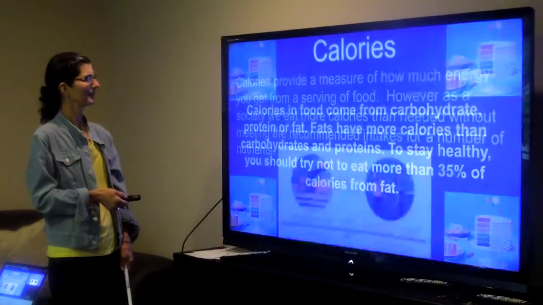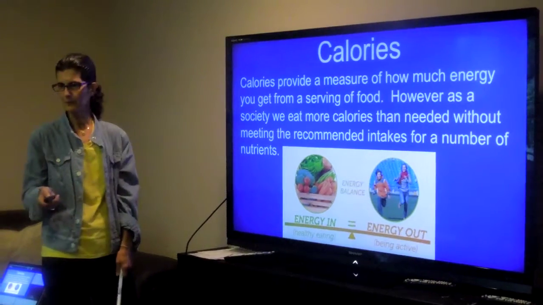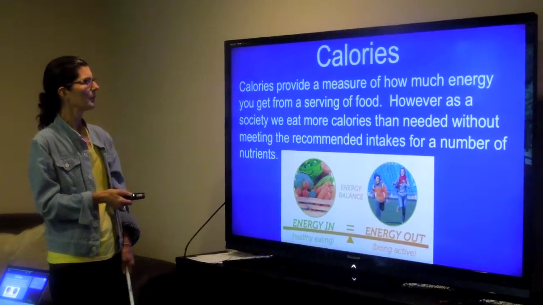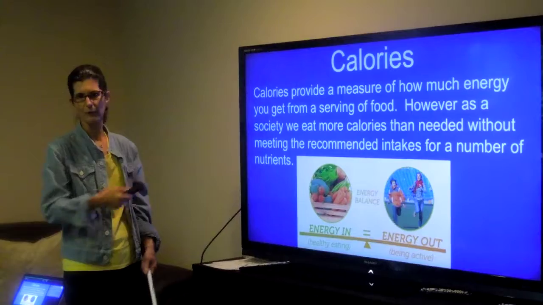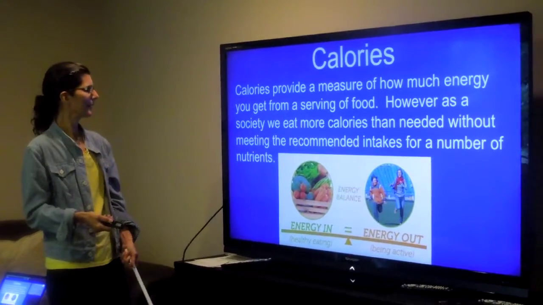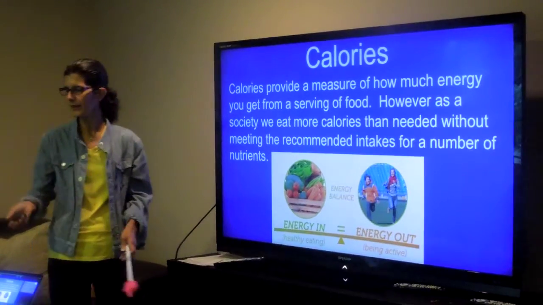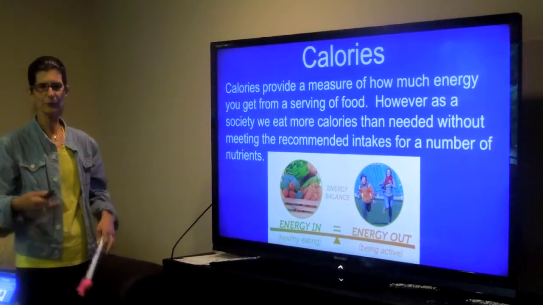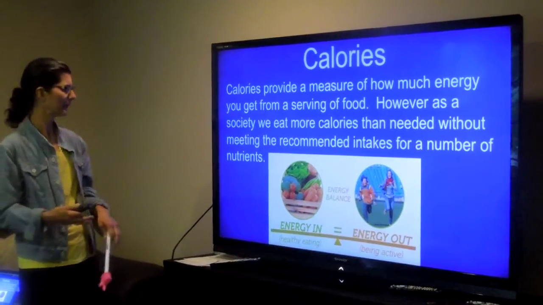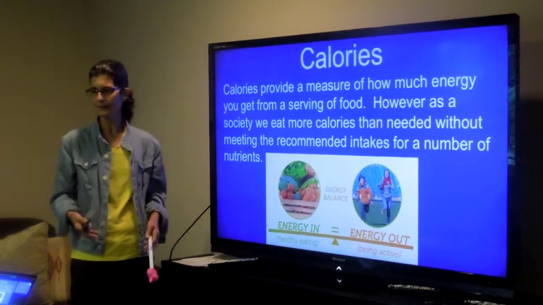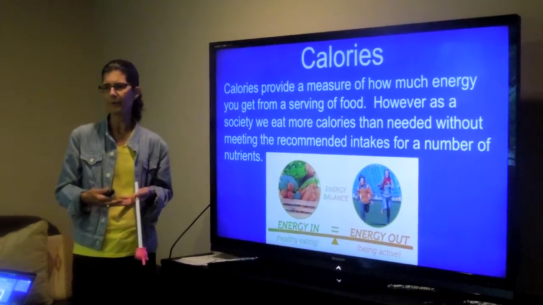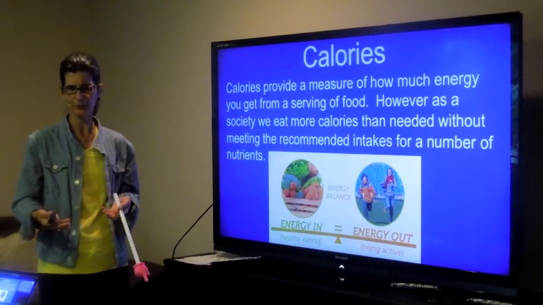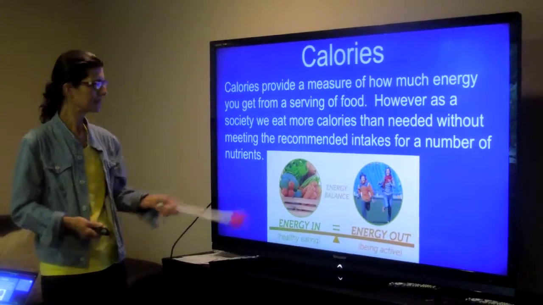Okay, let's continue. So calories provide energy, based on the servings of food that we eat. However, as a society, we eat too many calories. We consume too much food and too many calories, and what ends up happening is we eat more than what we actually use, so we create an imbalance.